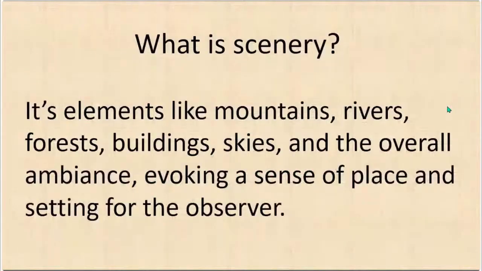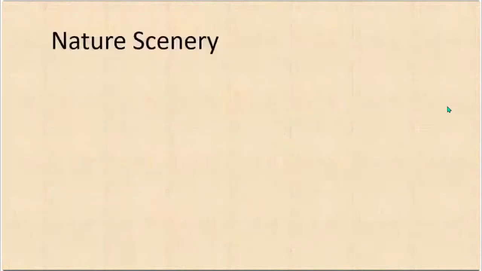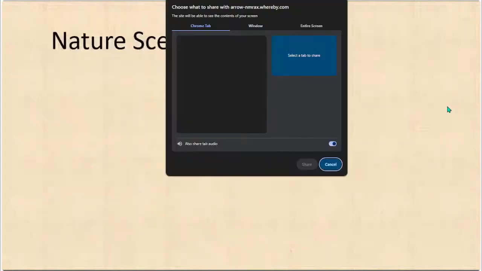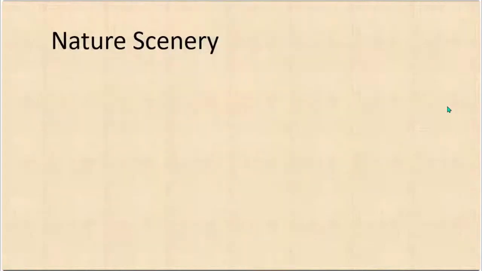So what is scenery? It's elements like mountains, rivers, forests, buildings, skies, and the overall ambience, evoking a sense of place and setting for the observer. There's two types of scenery.